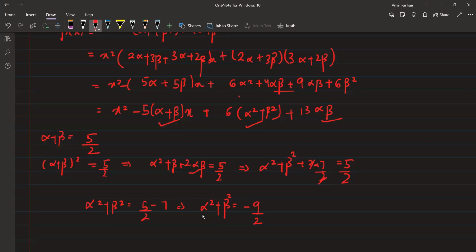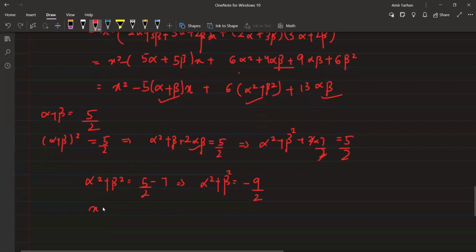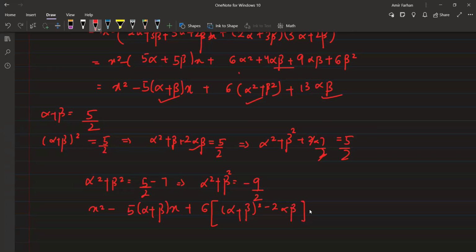So when I try to do that, alpha plus beta the whole square minus 2 alpha beta, then 5/2 whole square minus 2 into 7/2. So x square minus 5 (alpha plus beta) x, plus you are saying that if I take this as alpha plus beta square minus 2 alpha beta, plus 13 alpha beta.